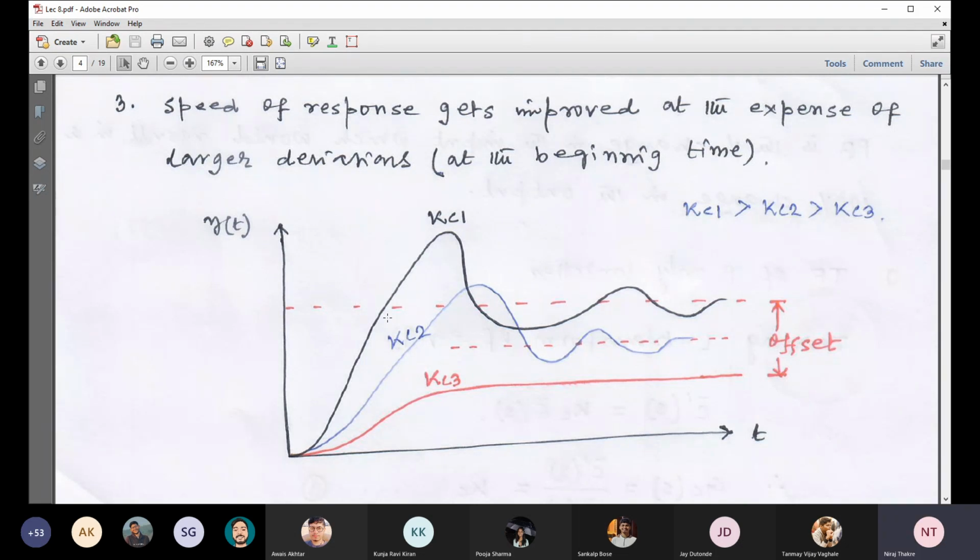This third statement indicates this. Speed of response means you can say our rise time is less, or rise time is the lowest for the largest Kc.